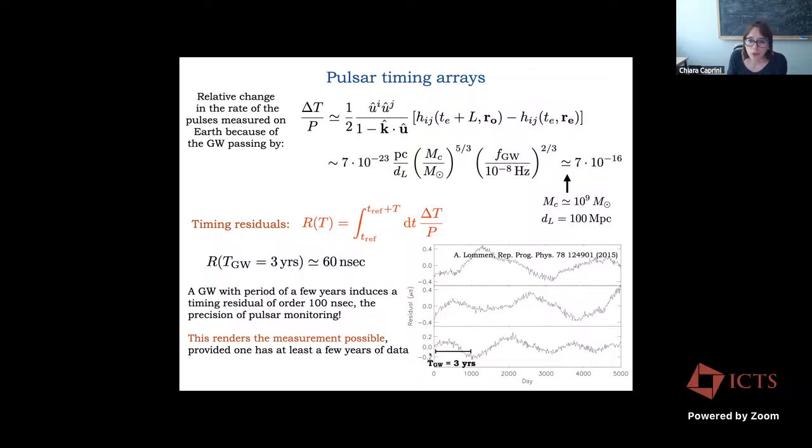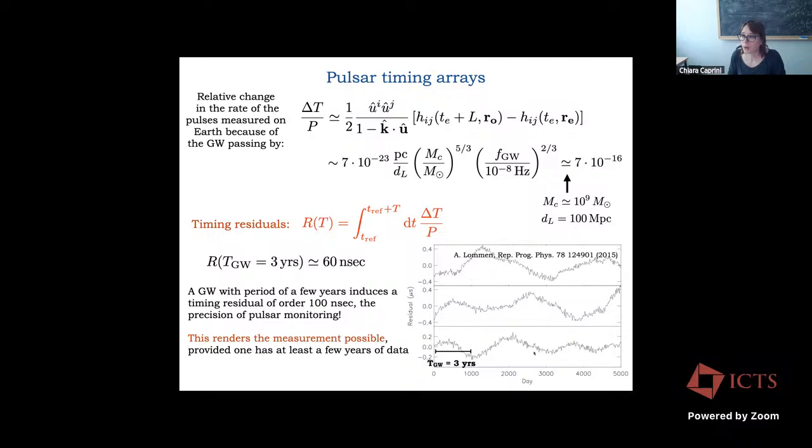Now, of course, if one observes just for 3 years, it is not enough. One needs to have at least a few years of data, because it is a noisy measurement, to actually see the modulation over at least a few years to be able to infer that it comes from a gravitational wave.